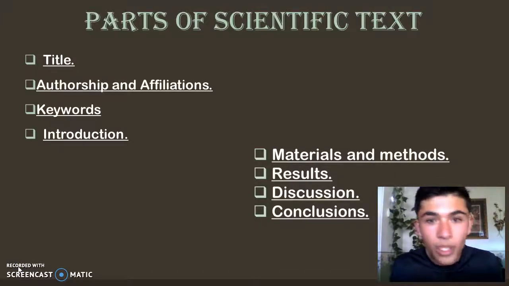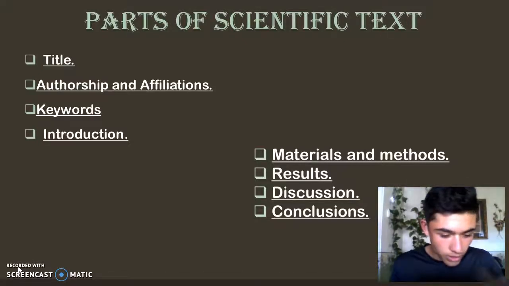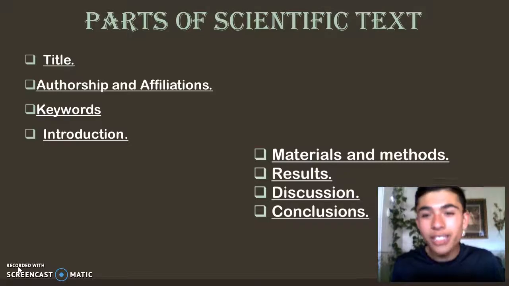Introduction. It explains the purpose of the article, the background, its status in the scientific community, and the reason why this article brings something new. The introduction will be brief. Materials and methods.